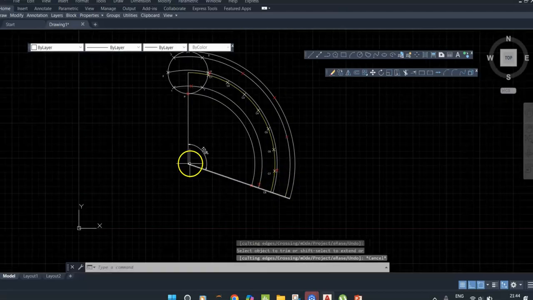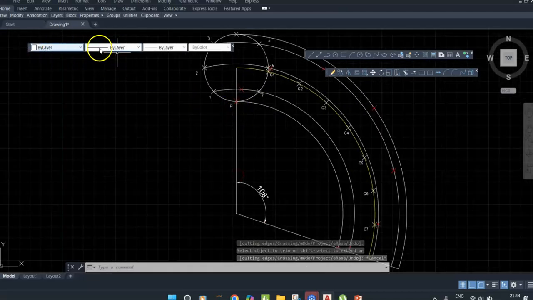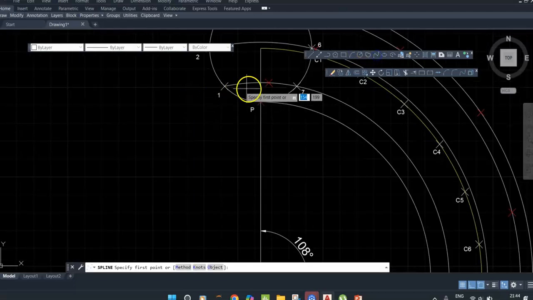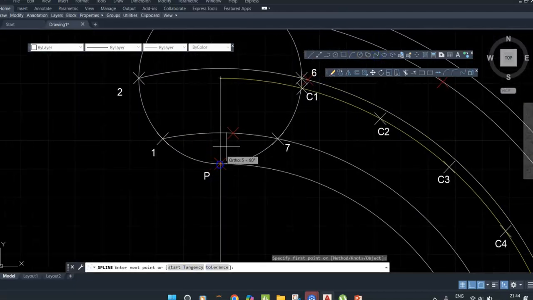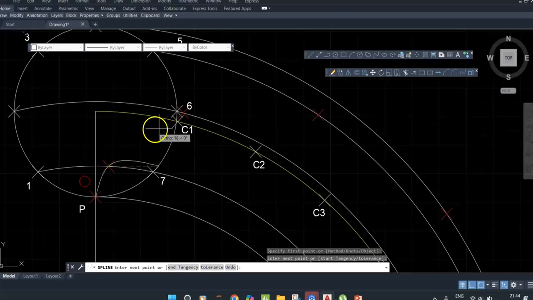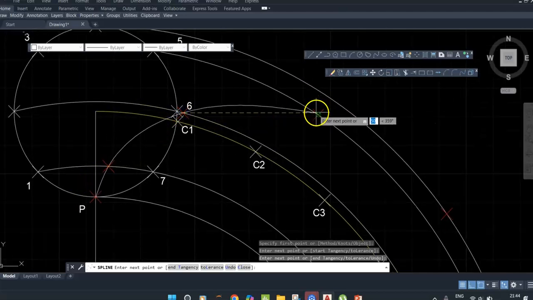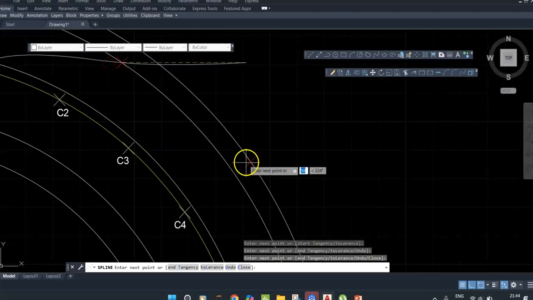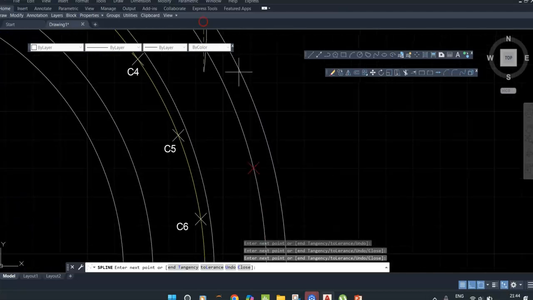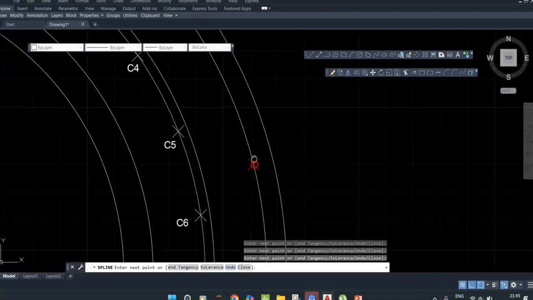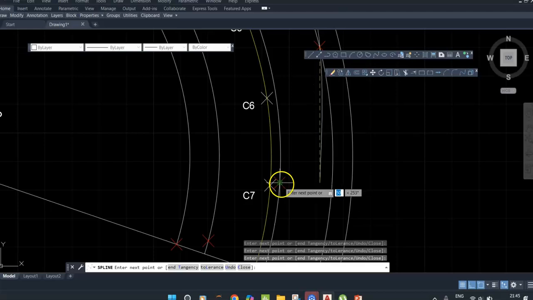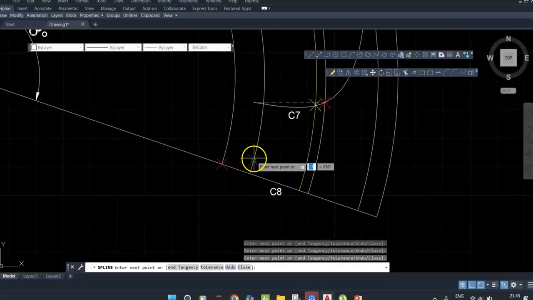Now join these locus points carefully by using a spline. Carefully drag along that curve.